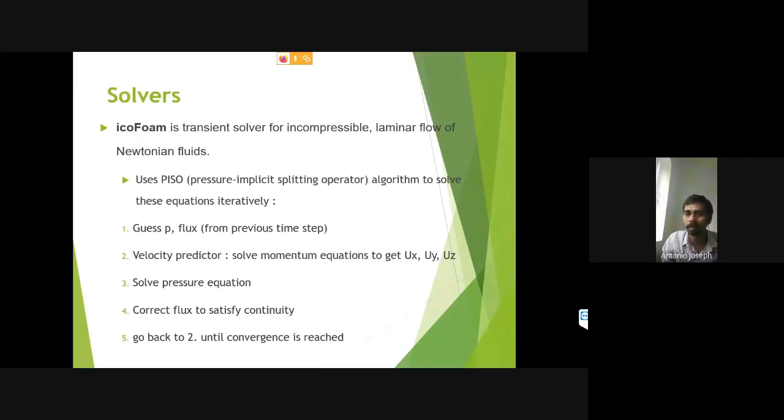The only thing we will be changing is the levels. If we increase the number of levels, the element size gets reduced and the number of elements increases, while the quality stays the same. That's what we do in a grid independence study while using OpenFOAM.